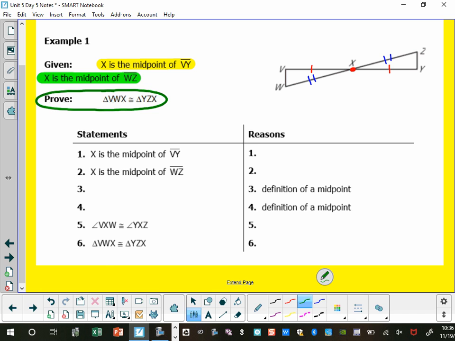All right, so take a look at number 1. X is the midpoint of VY. How do I know that? Do we see that anywhere in my paper already? It's up here, right? So this is given. That's all you have to write. Before you start trying to figure anything out, you need to look and see what they've already given us.